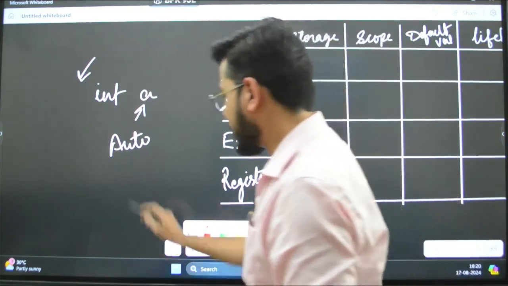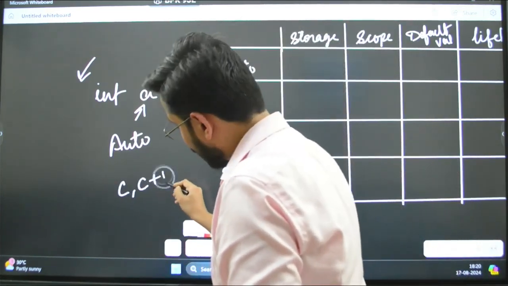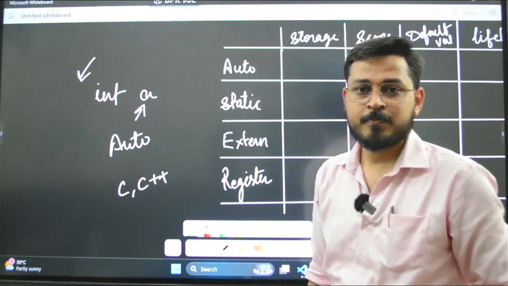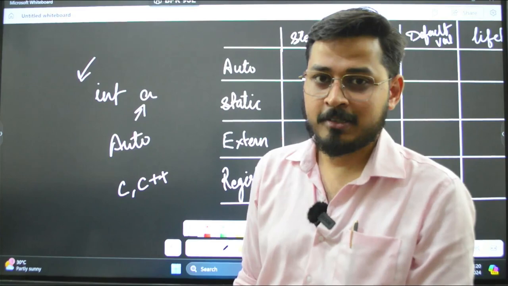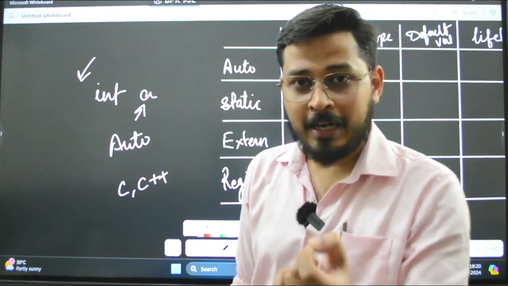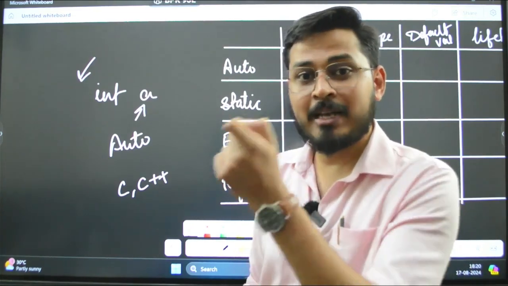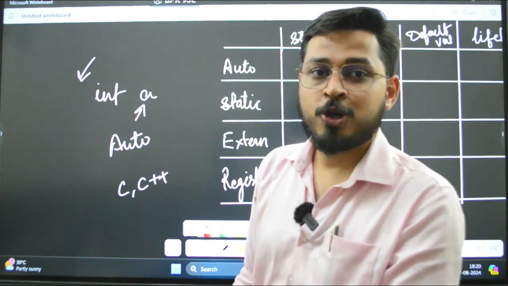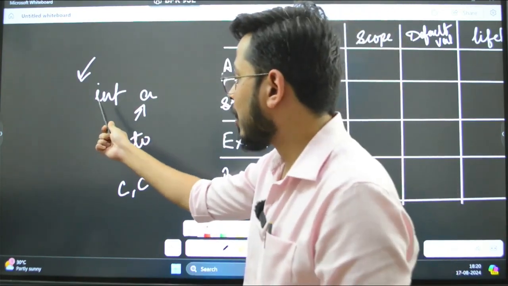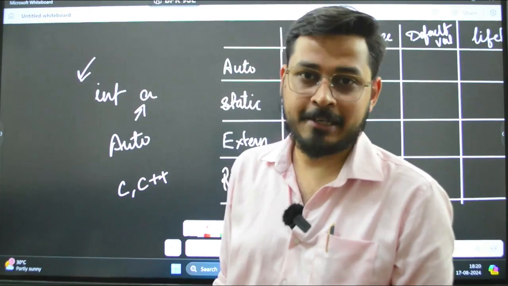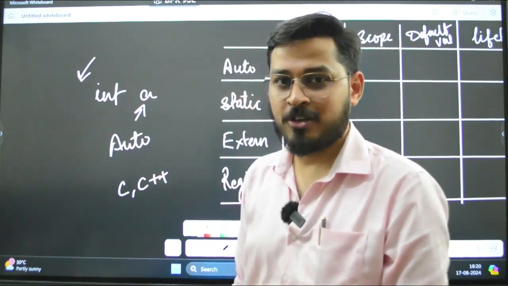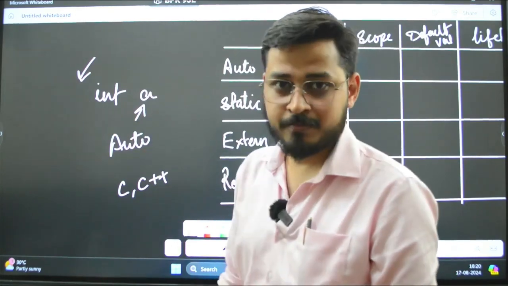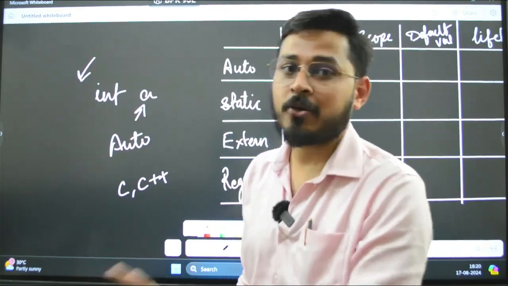This happens in C or C++ only. Every variable will have a type of storage class. How do we know which storage class a variable has? You check before its data type. If there is anything written, that will be the type of the storage class. But when there is nothing written, it will be an auto type.